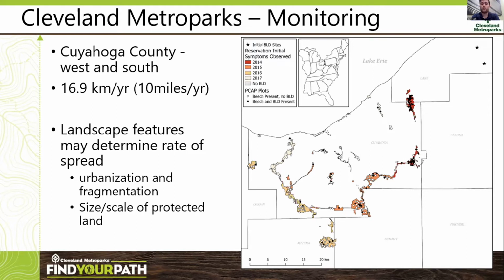And when we move out west in Ohio, we get into a lot of agricultural land. So that movement has not been very fast west, but if we move east into Pennsylvania and New York, where there are lots of contiguous beech and forested stands, that rate of spread is pretty drastic, as we saw earlier with that map across the eastern US.